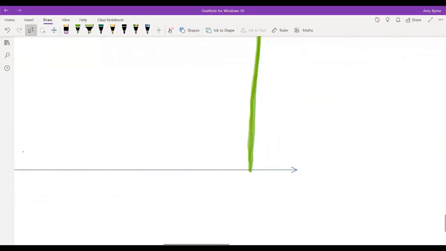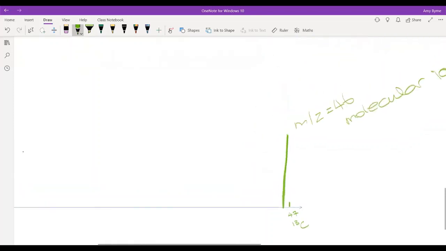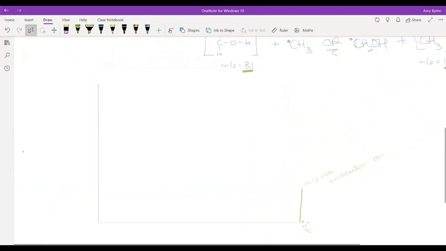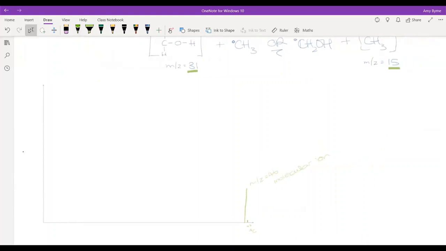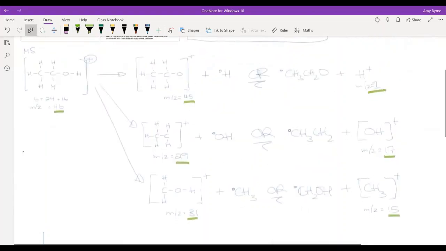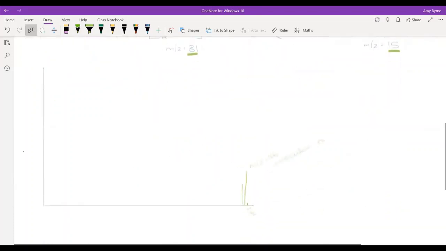Now, I will likely also see a small peak at 47. And that is if one of my carbons, instead of being a C12, is a C13. I will also see peaks at 45 from if it loses a hydrogen. I will see a peak at 31.